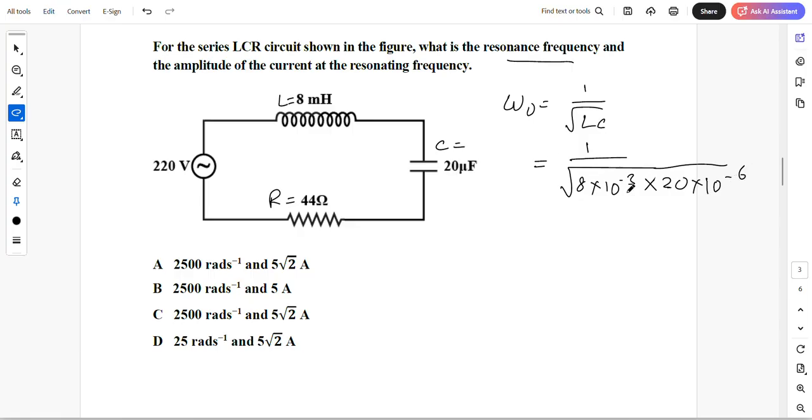Do not get scared by seeing this one. This is a very easy calculation. Omega naught is equal to 1 divided by square root of 8 into 2, that is 16 into 10 to the power of 1.